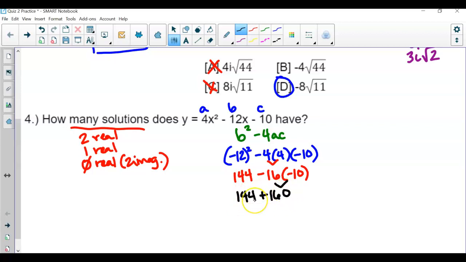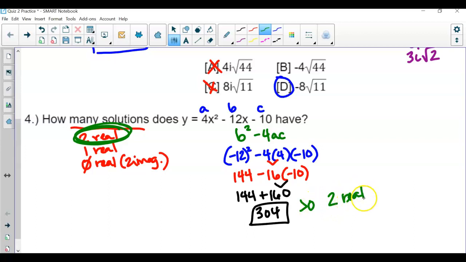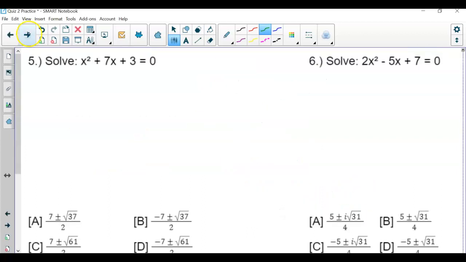So this is 144 plus 160, which gives us the discriminant of 304. Notice how because this is positive, right, greater than 0, you have 2 real solutions. So again, because this is positive, greater than 0, you have 2 real solutions.